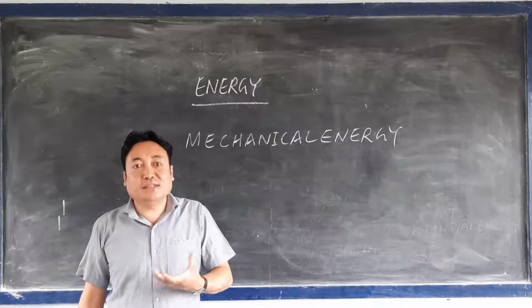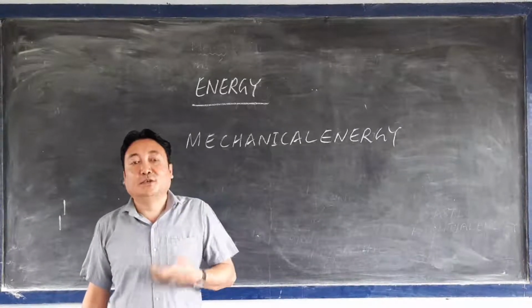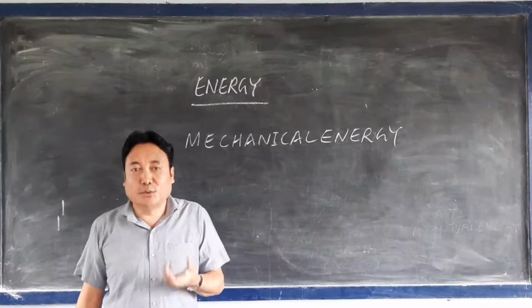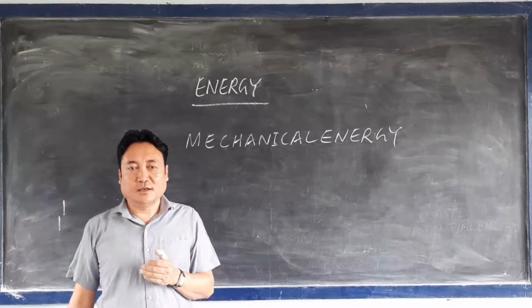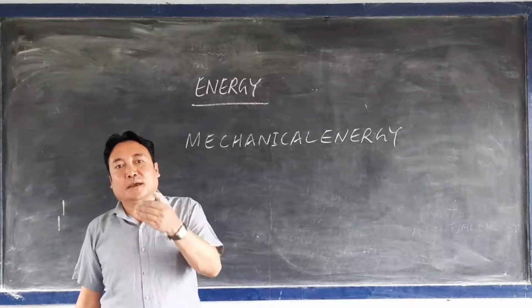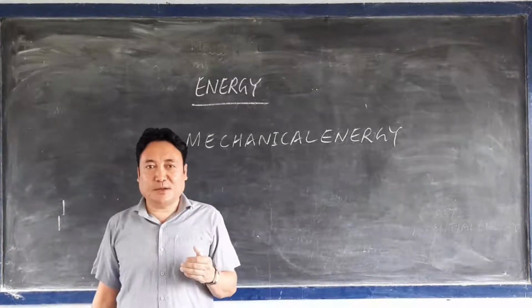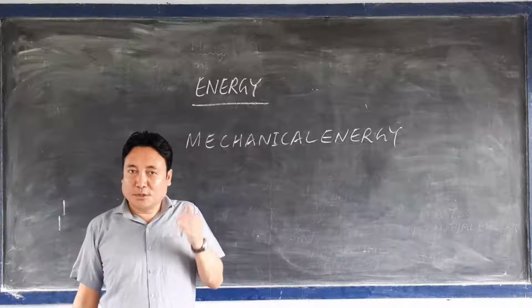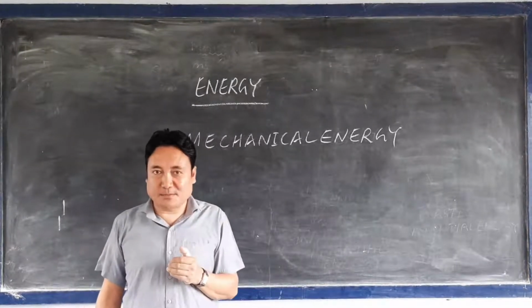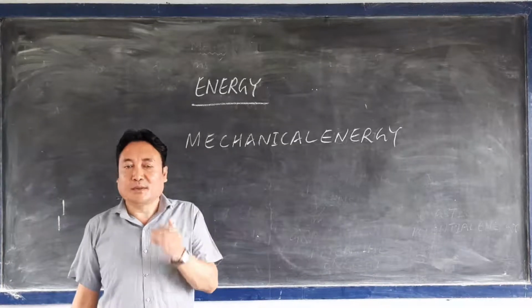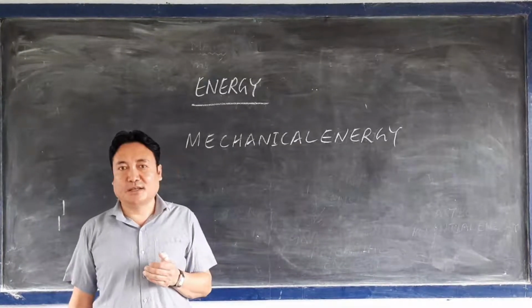That means whatever energy was stored in the body has been utilized to do work, and the work you are doing is running. You are running means you are making some displacement, you are covering some distance. So in order to do work, the body has to produce some displacement. Here also, while running, the body has produced displacement.